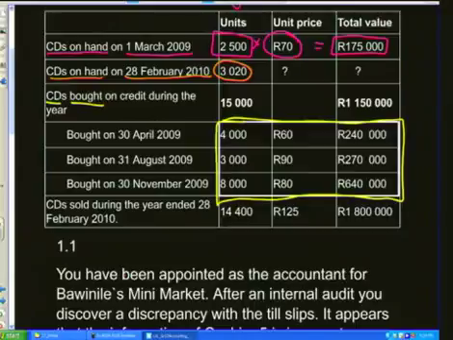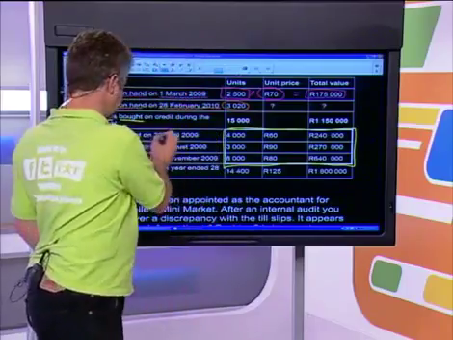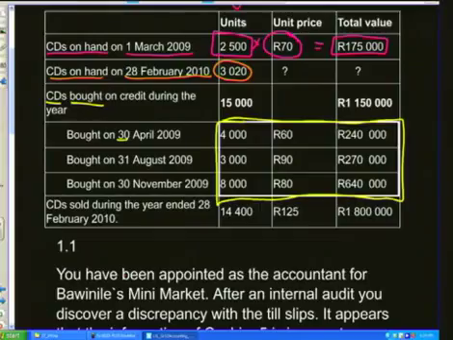We purchased extra CDs: on the 30th of April, 4,000 CDs at a cost of 60 Rand, so 4,000 times 60 gives us 240,000. On the 31st of August 2009, 3,000 CDs at a cost of 90 Rand, which gives us 270,000. And finally, on the 30th of November, we purchased 8,000 CDs at a cost of 80 Rand, which came to 640,000.